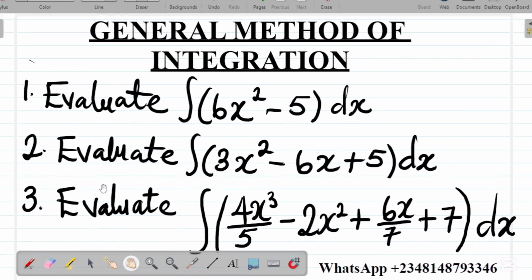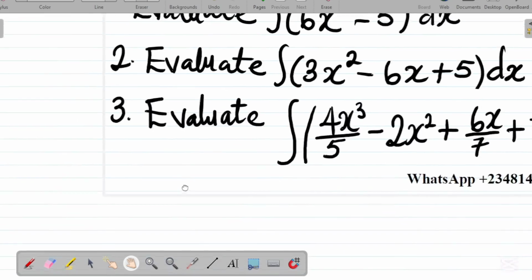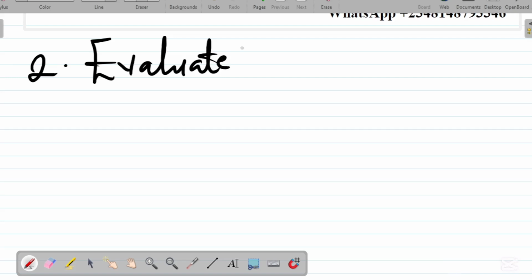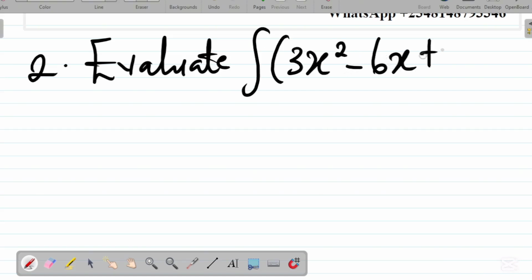Now let's solve the second question. It says, evaluate the integral of 3x squared minus 6x plus 5, then dx.